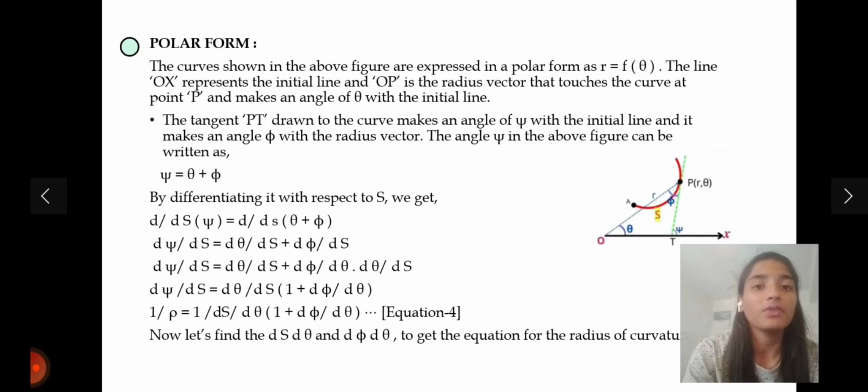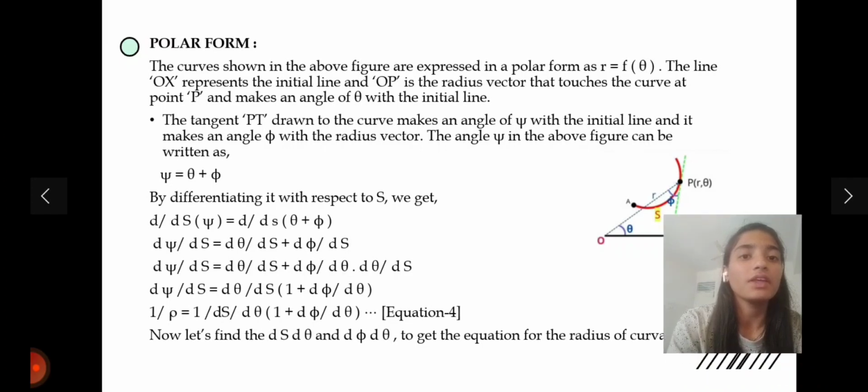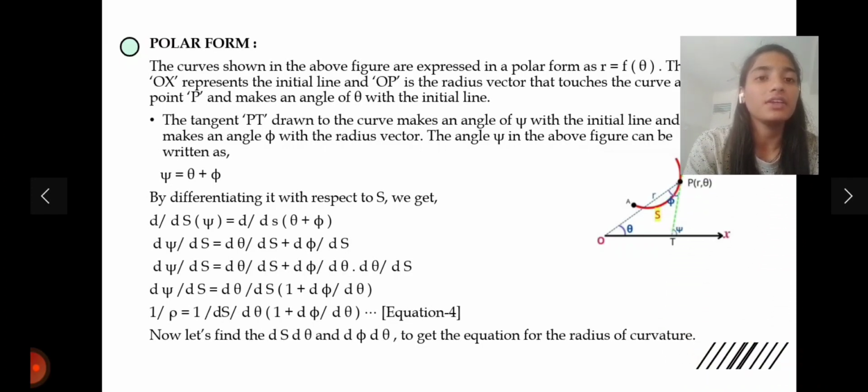So 1 by rho is equal to d theta by ds into 1 plus d phi by d theta. We can take it as equation 4. Now let's find ds by d theta and d phi by d theta to get the equation of the radius of curvature.